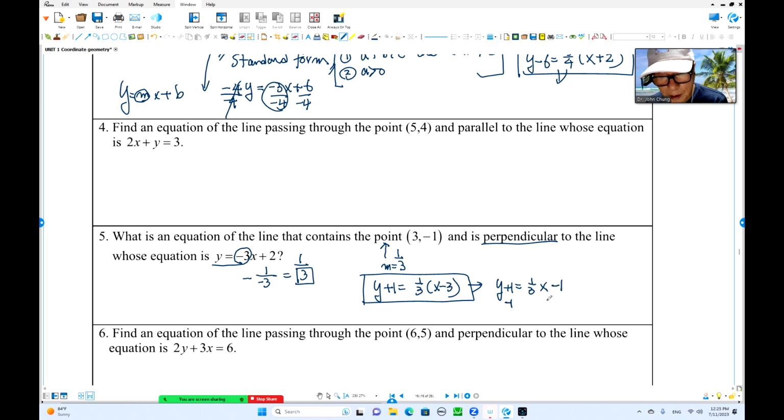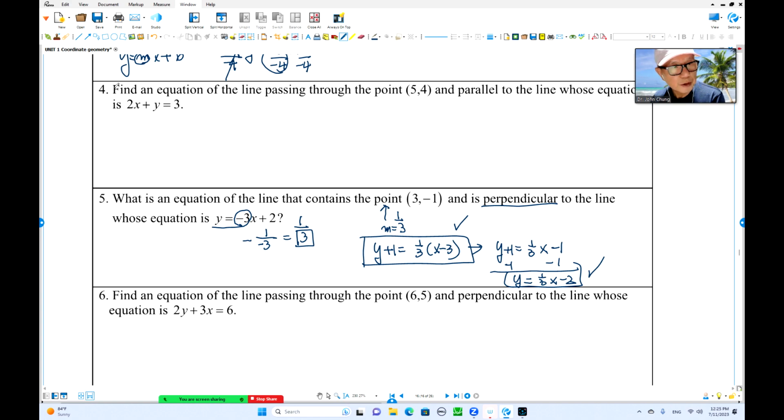After that, minus 1 again, you get slope intercept form, minus 2. But this form is okay too. We just finished the perpendicular and the parallel. The other one you can try by yourself. Today we didn't have enough time to finish all of these, so that's your work.